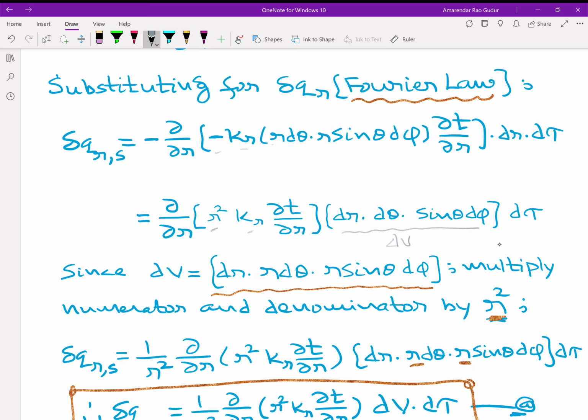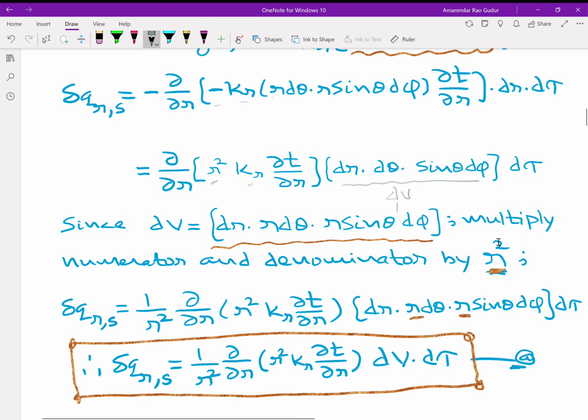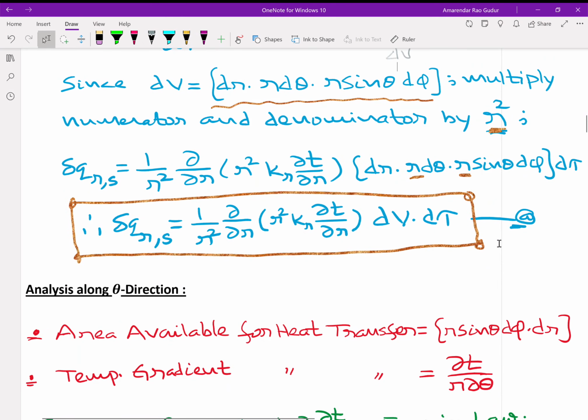And to make this equivalent to dv, we multiply and divide by r square. As a result, we are going to have 1 r here, 1 r over here, and in the denominator we are going to have 1 by r square. Therefore, del Q r comma S finally is given by 1 by r square del by del r of r square k r del T by del r, dv d tau.